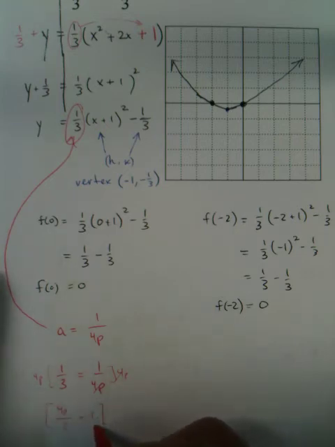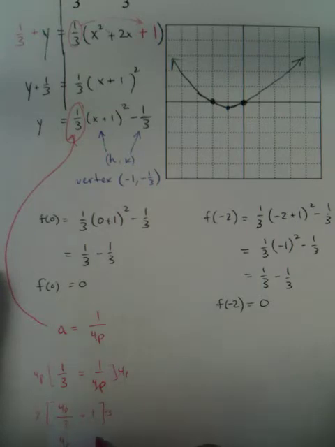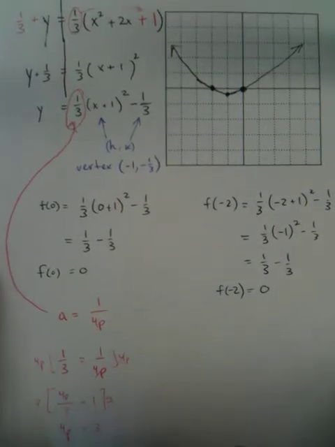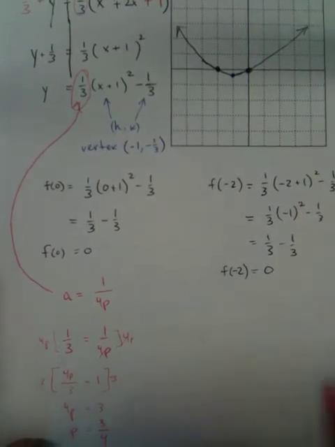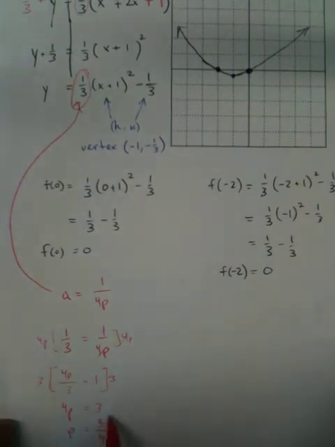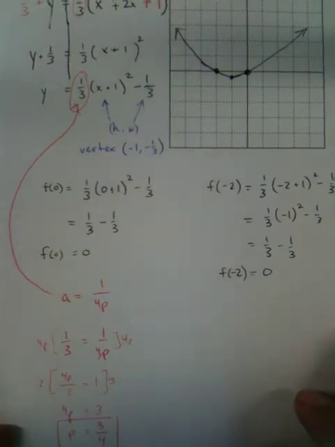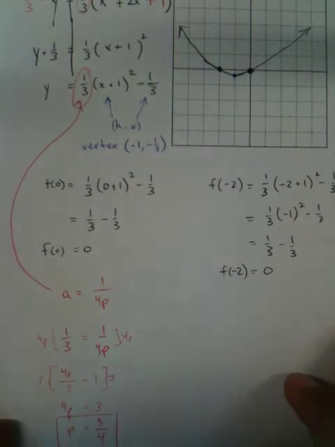So you could multiply this by 3. 4p equals 3, therefore p equals 3/4, like I said. Now, this p value is not an input, it's not an output, it's not a point.